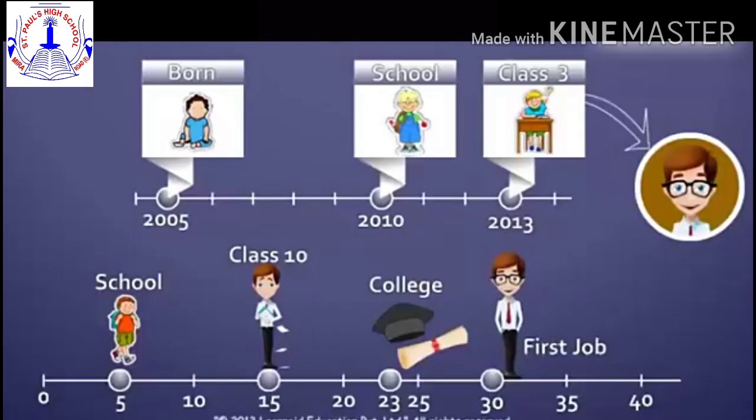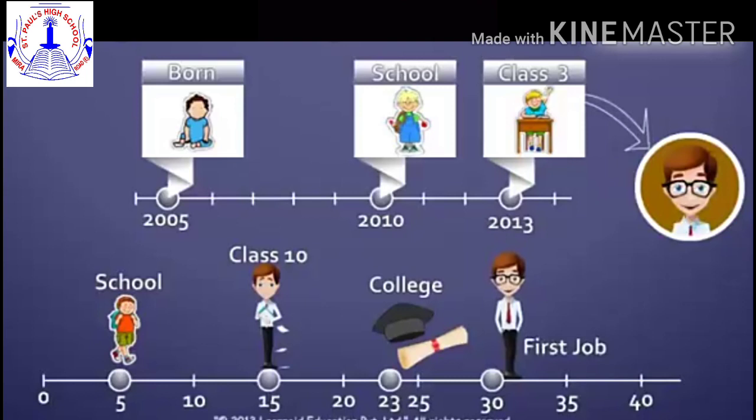Children, you saw how the life events of that boy and his father are arranged in a serial order, how they had happened. Similarly, you have to prepare a timeline. Children, you may also add any of the special occasions of your life. For example, if you have got first rank in the class, or maybe if you have won a prize, or you have won a medal.